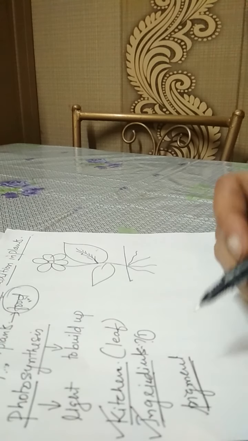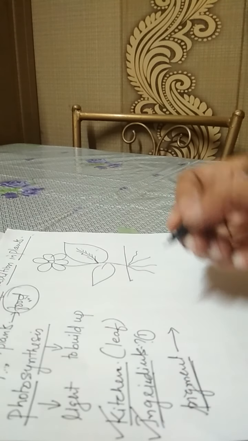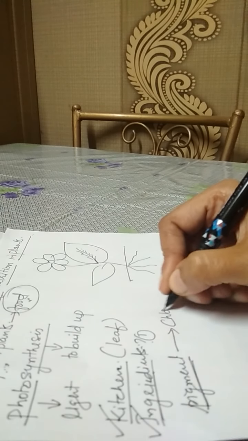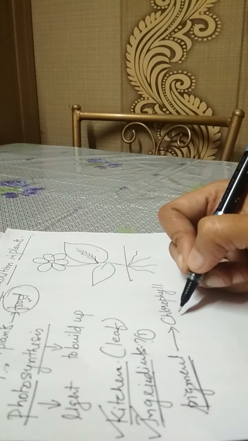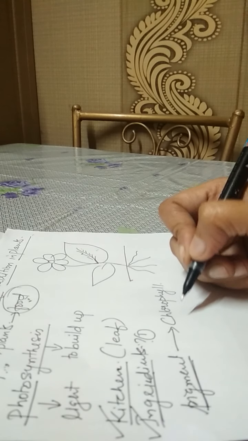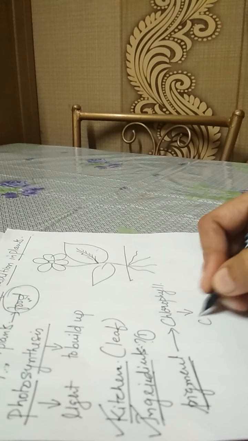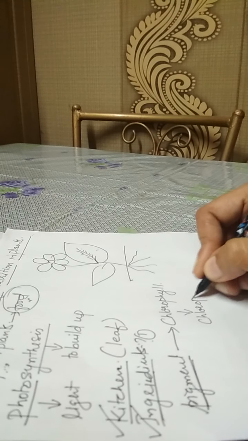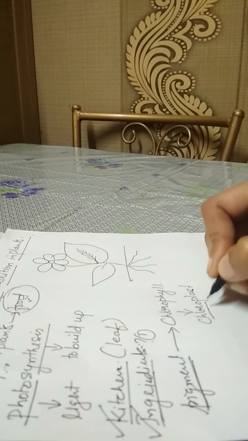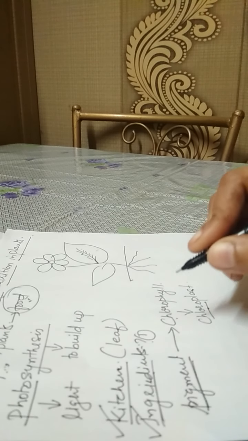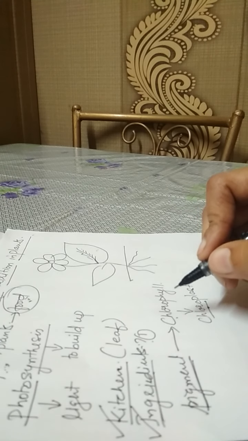Got it? So the name of the pigment which is giving green color to the leaf is called chlorophyll, right? And this chlorophyll is present in a cell organelle called chloroplast. It is a special structure, and inside these structures, the green color is present, and this is called chlorophyll.